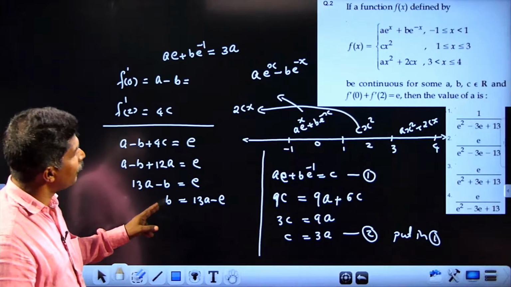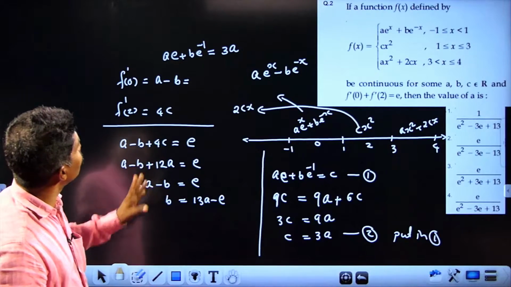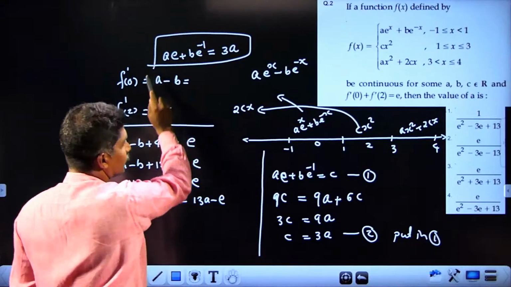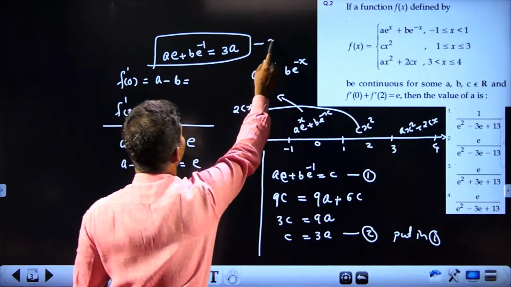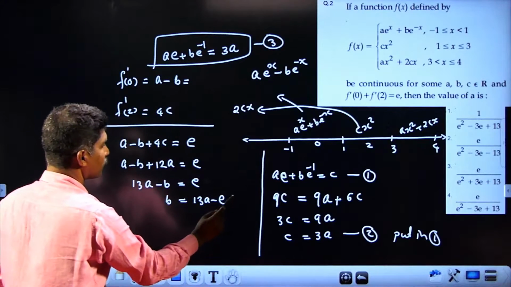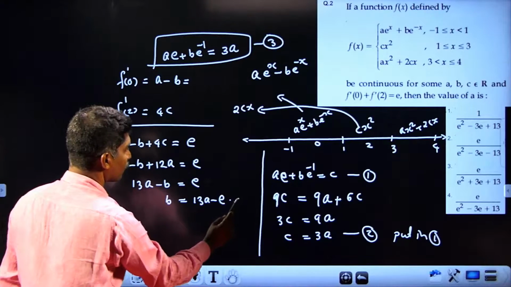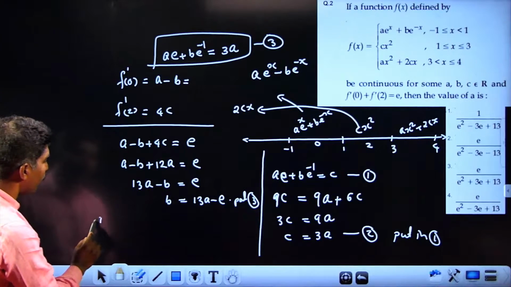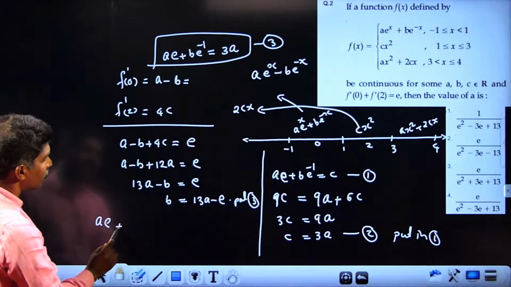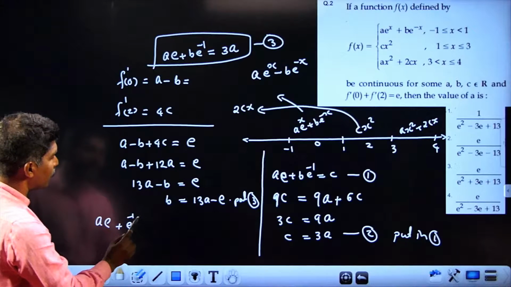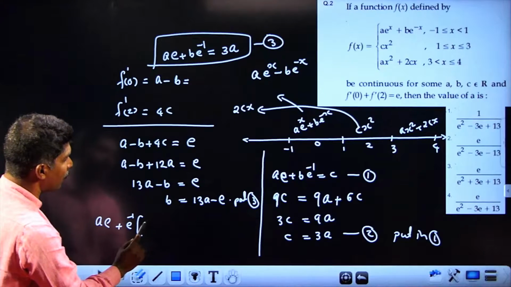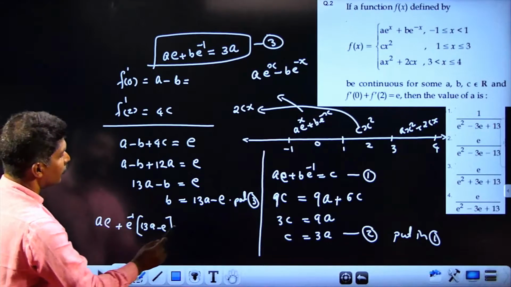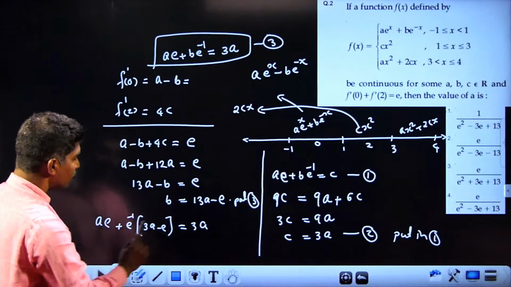That value we will substitute where? What is the last equation you derived? Equation number 1, 2, 3. We substitute here in 3. Then we get AE plus AE inverse into, instead of B, 13A minus E, that is equal to 3A.